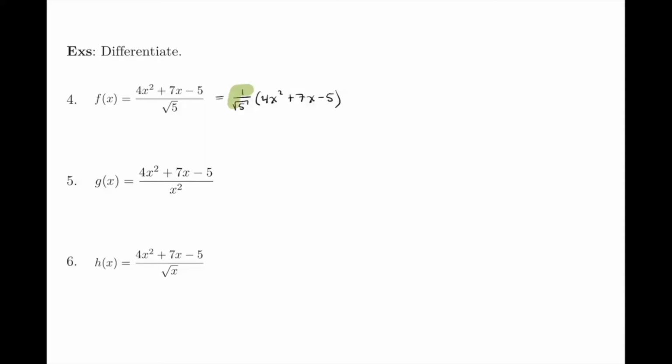The 1 over radical 5 is now a constant multiple. It's a number that we could write a decimal down for, but it's only an approximation unless we keep it with the radical. So this is, again, a constant multiple. So when we take the derivative of the entire function, that constant multiple, the 1 over the square root of 5, will stay and multiply by the derivative of this whole piece.